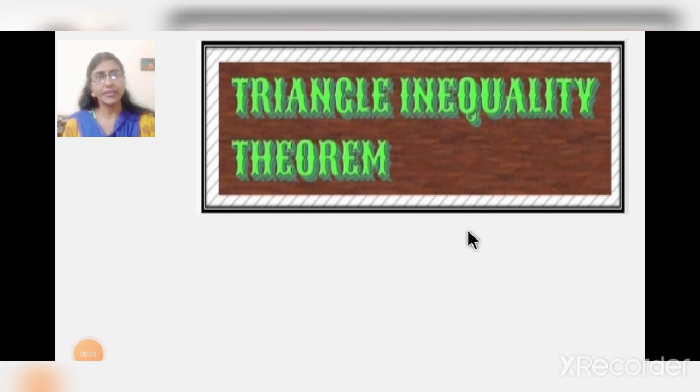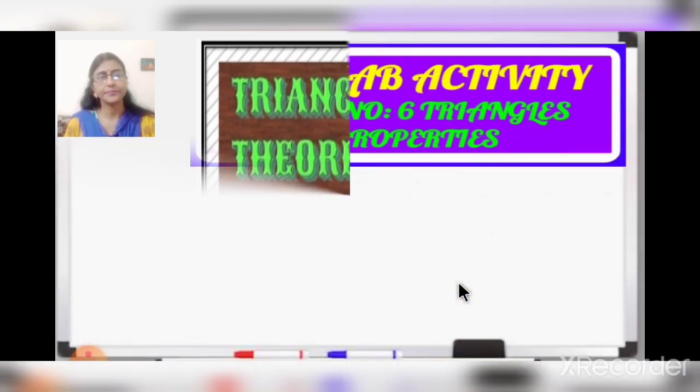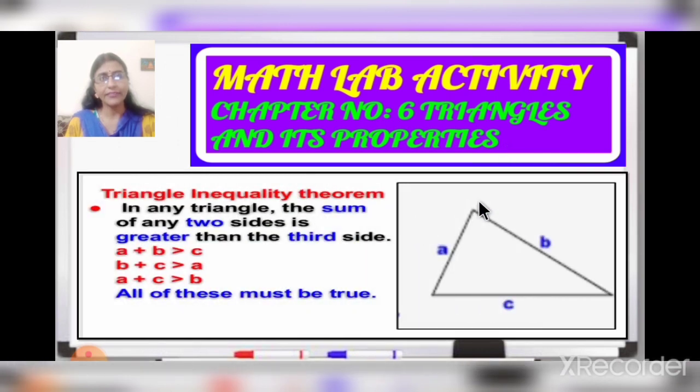Triangle inequality theorem. This is activity number 3. Children, today we have done a maths activity from chapter number 6, triangles and its properties. And in that we have verified the triangle inequality theorem. We have seen in any triangle the sum of any two sides is greater than the third side.